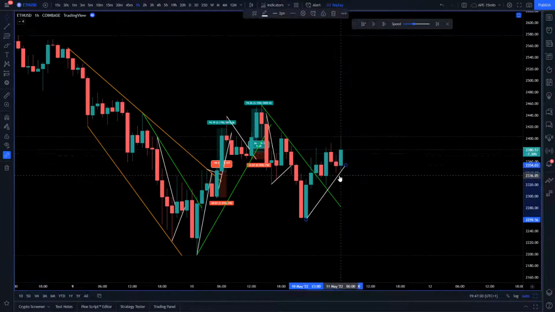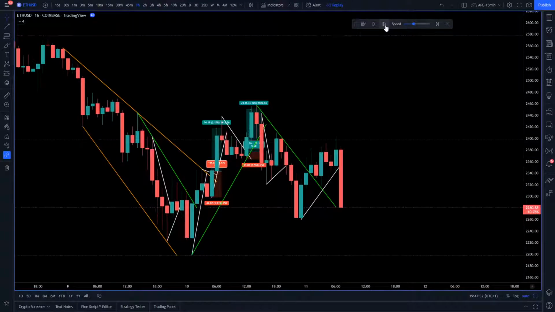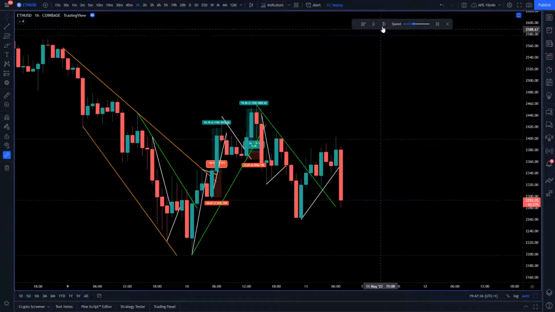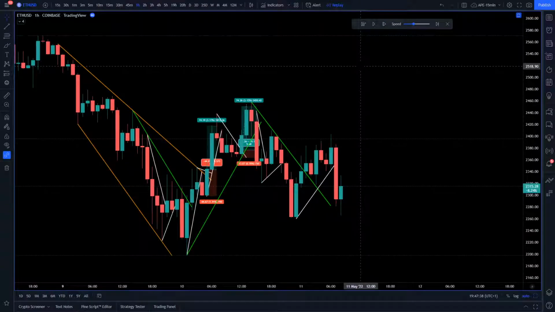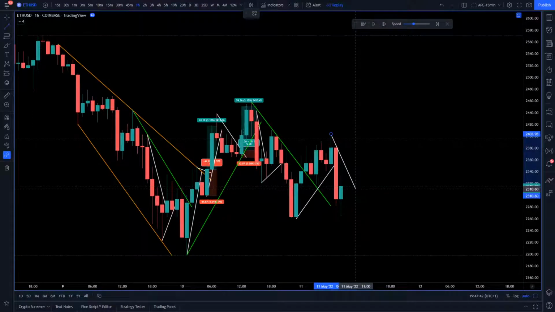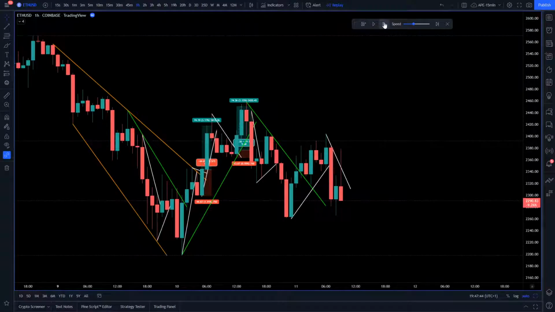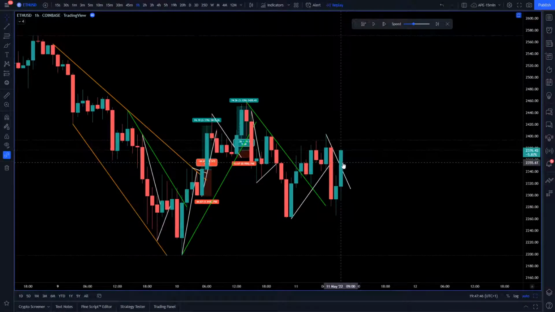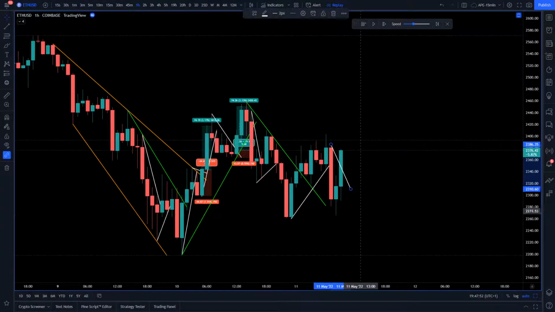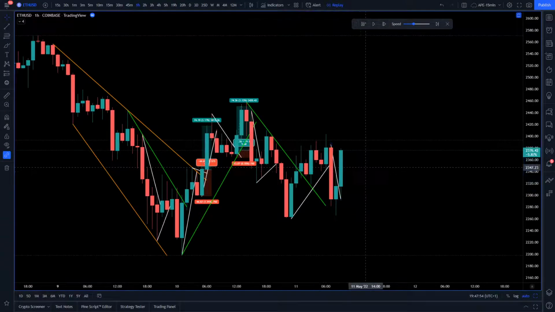It's still the previous high. Yeah, that is the breakdown of the white, and now we are expecting a higher low made by the white, and at this point we can enter our trade. Actually, at this point we enter our trade.